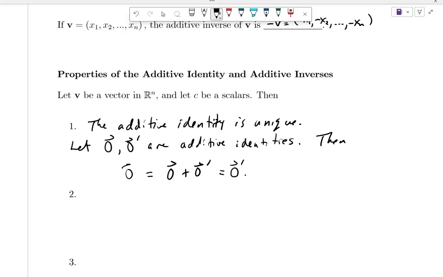No, it doesn't matter. This way is because 0 is an identity. This way is because 0 prime is an identity. We're saying they're both identities, so they both have to act like identities. So going the right direction is because 0 is an identity, and going the left direction is because 0 prime is an identity. So they are equal to each other. That's the whole proof.